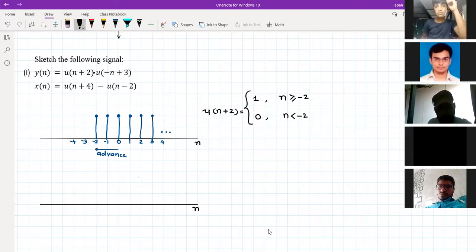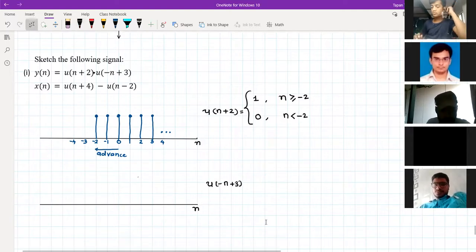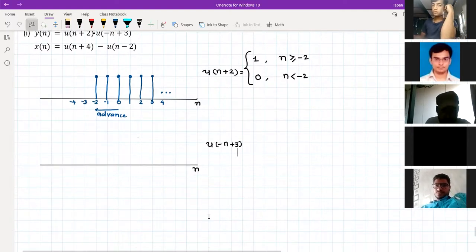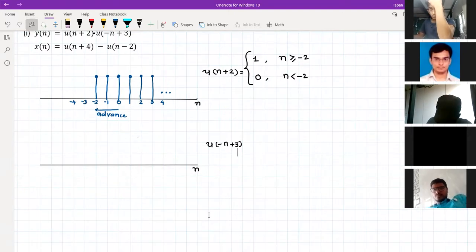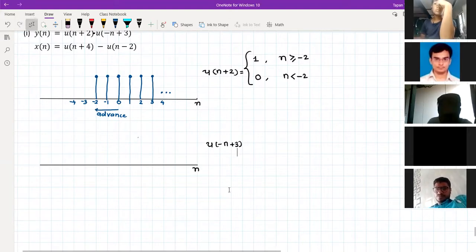Fine. How do I draw u of minus n plus 3? For that, I need to first fold or flip the signal, and then I will take the time shifting operation.